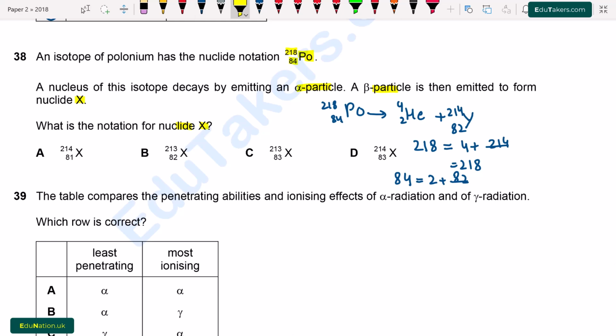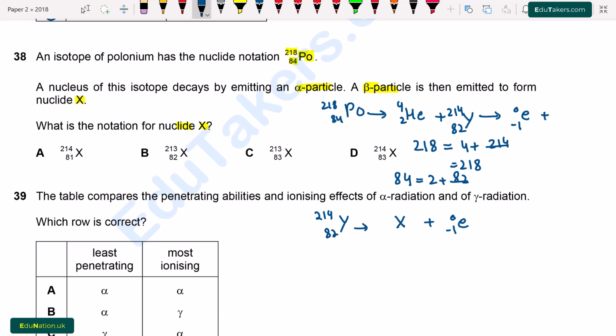The next part of this question is that a beta particle is then emitted to form nuclide X. So there is also the emission of a beta particle, which is an electron, 0 and -1. So what will be here next? I write here the element Y. Now it changes into X with the emission of a beta particle, which is an electron.